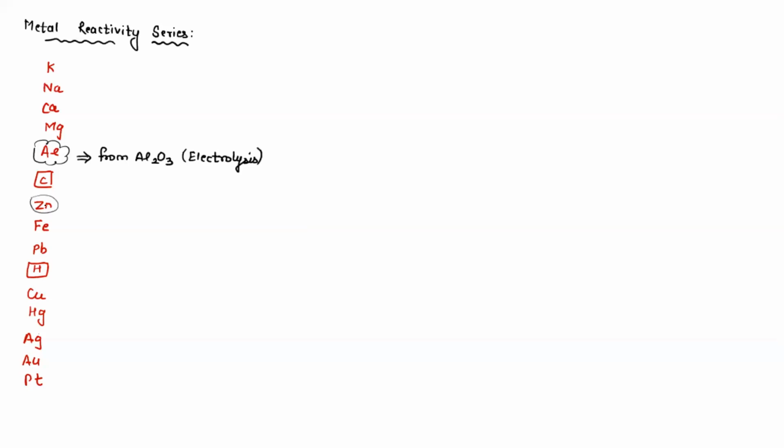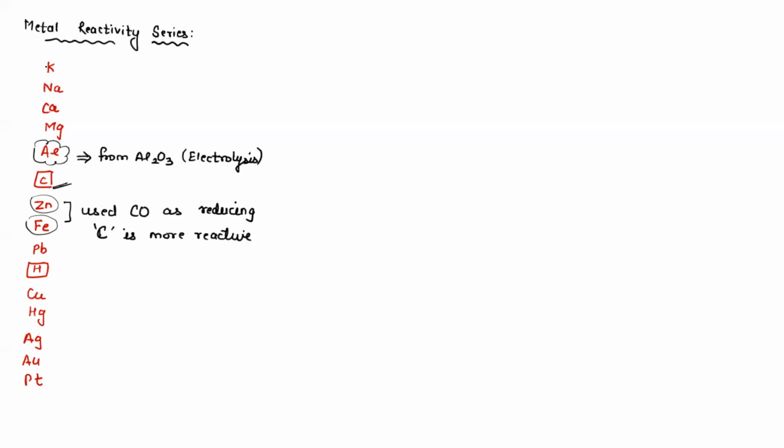Now today we learned zinc, today we learned iron. In both of them, we used carbon monoxide as a reducing agent. Means somewhere we are using carbon. So can you see in the reactivity series why carbon is used? Because carbon is more reactive. So this is the reason carbon is placed on top.